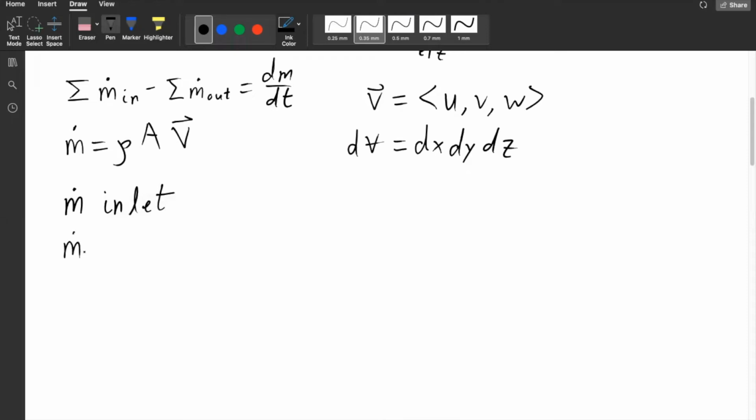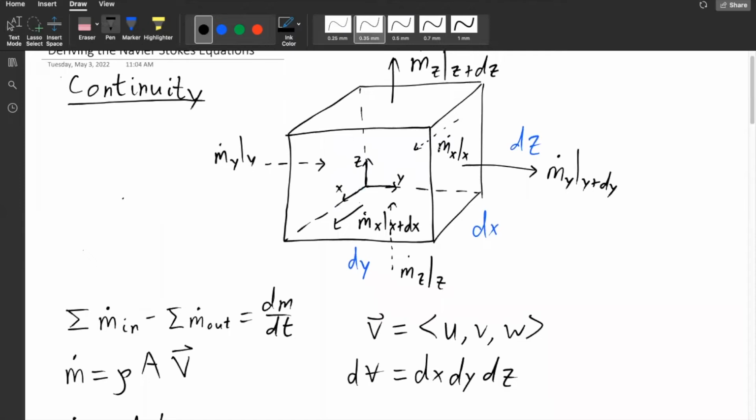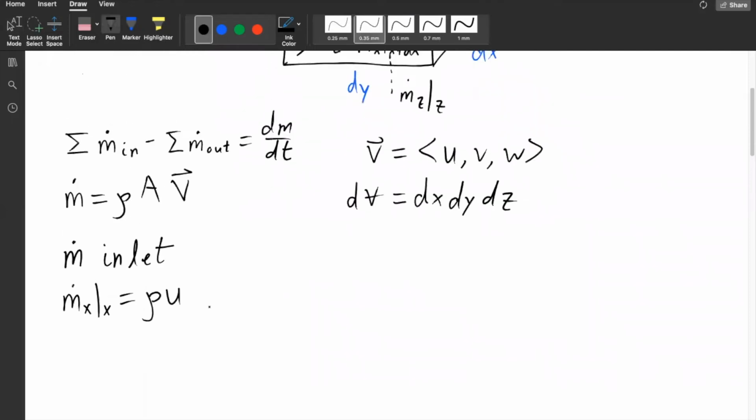Let's say, for example, the x direction at x equals rho times u, because since we're in the x direction, we are using the u velocity, times A. And the area that this mass flow rate travels through is dy times dz. So our area is dy times dz.